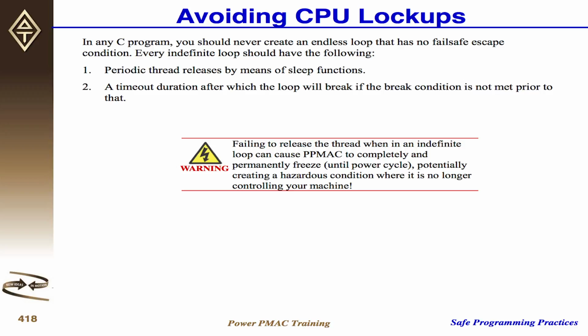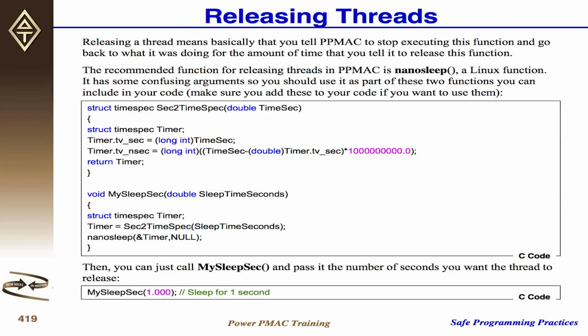In C, on a Linux computer like PMAC, you can use NanoSleep to yield control to other threads temporarily. NanoSleep receives two arguments. The first one is a structure of type struct timespec, and you have to actually pass it the address of the structure. That's why we precede the name of the structure with an ampersand.